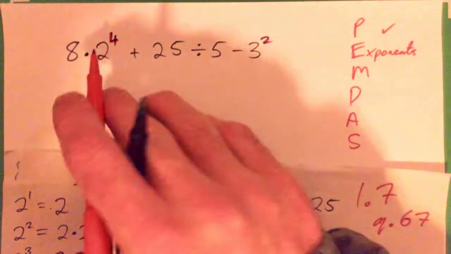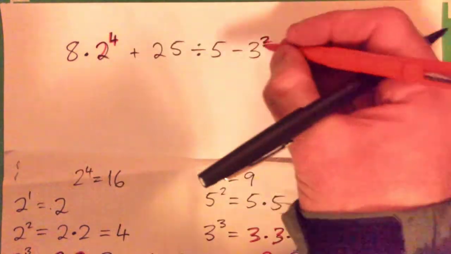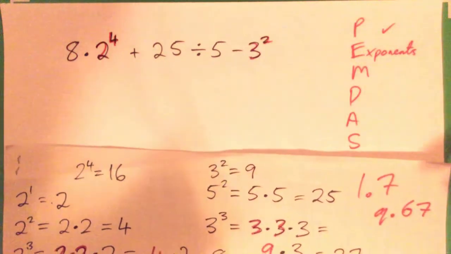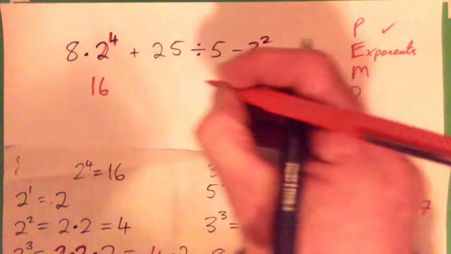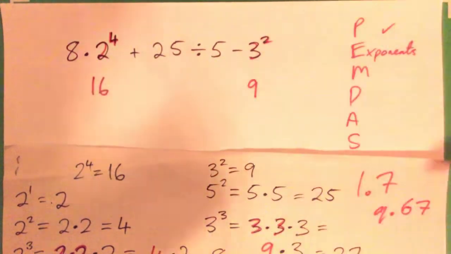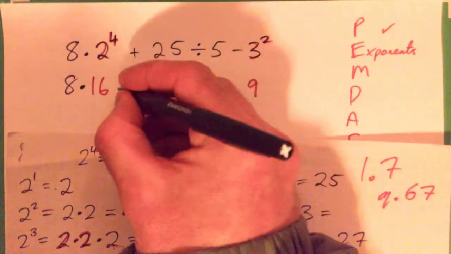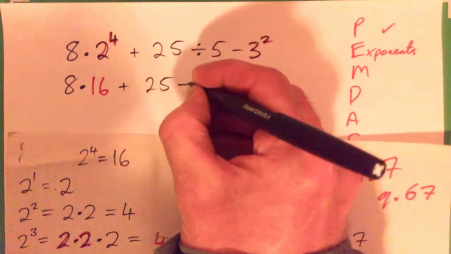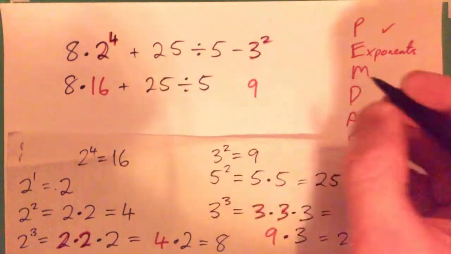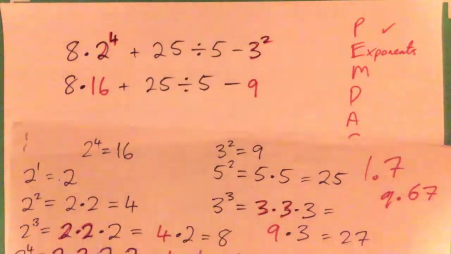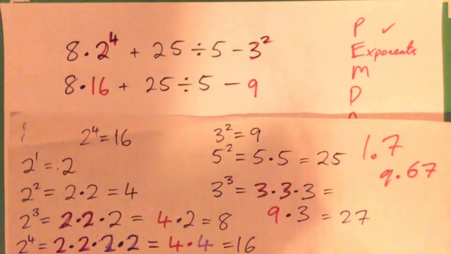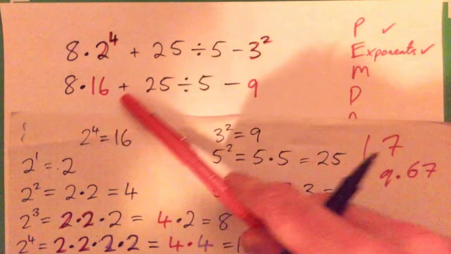So we got to go 2 to the power 4 and then 3 squared. Now we already figured those out. 2 to the power 4 is 16, 3 squared is 9. And then we just write everything out all over again. 8 times 16 plus 25 divided by 5 minus. Okay? So we've taken care of the exponents. We just write down what they are, right?